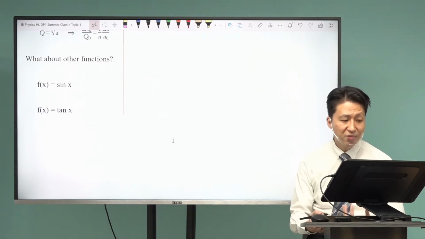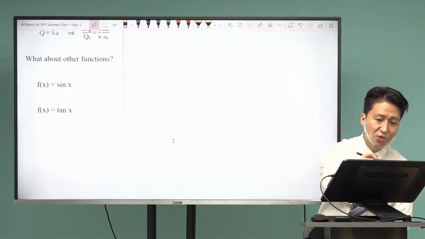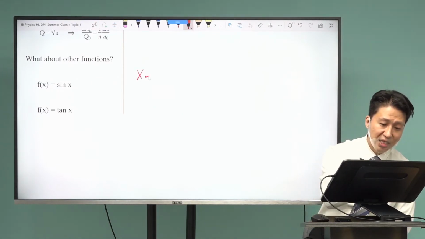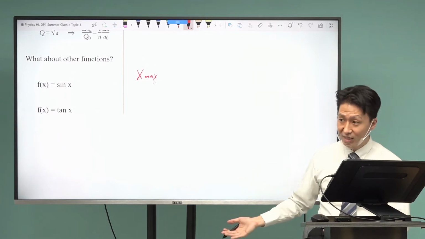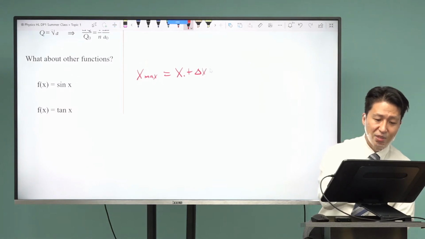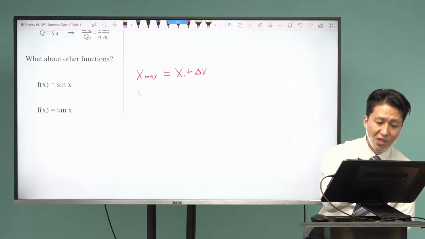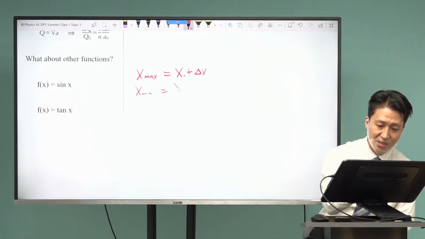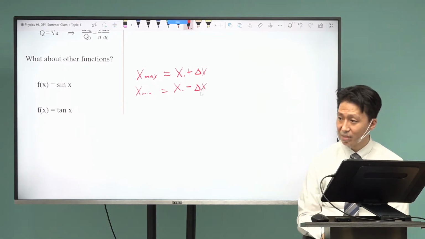What you probably do is there's going to be a maximum value for x, which is probably just the x value plus the uncertainty. There's going to be a minimum value for x, which is just the value of x minus the uncertainty, right?